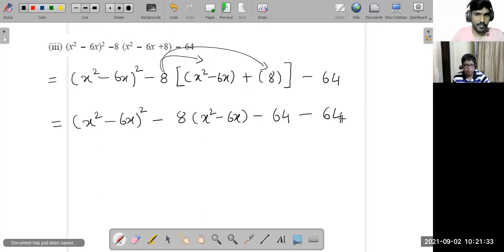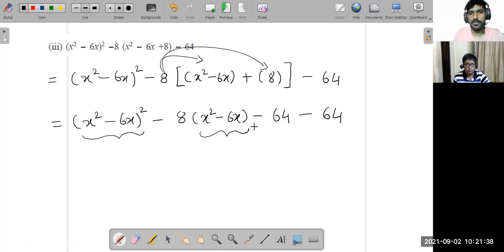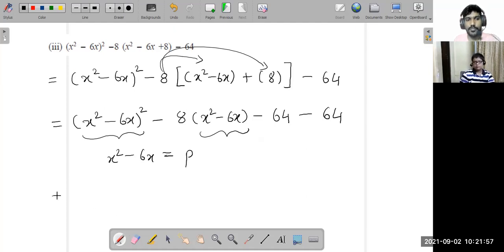Yes, sir. Now can you see this bracket and this bracket are the same? Yes. Now you can do the substitution. Substitute x squared minus 6x as any new variable p.